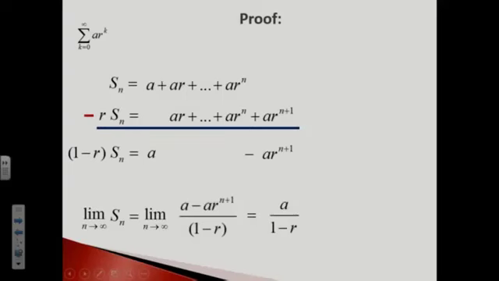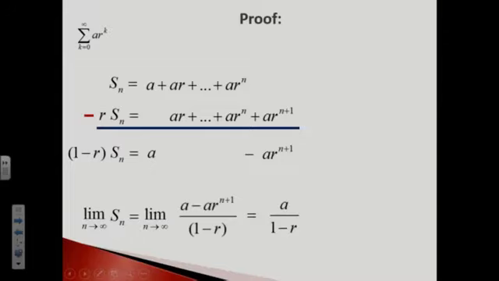This limit exists only when r to the power of n plus 1 converges to 0, and its value is then a divided by 1 minus r. This happens if and only if the absolute value of r is less than 1. Otherwise, the sequence of partial sums diverges, and so does the series.